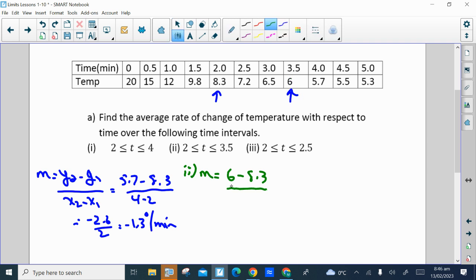And that'll be divided by the difference in the two times, which is 3.5 and 2. So 6 take away 8.3 is negative 2.3 over 1.5, and that gives us negative 1.5 degrees per minute.